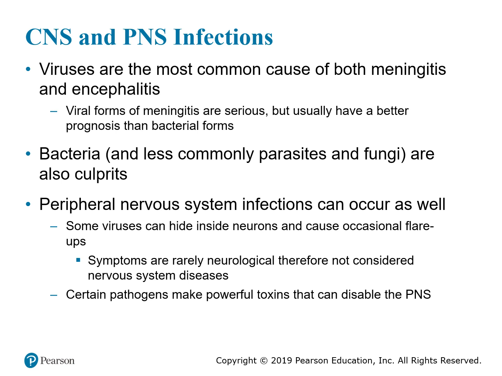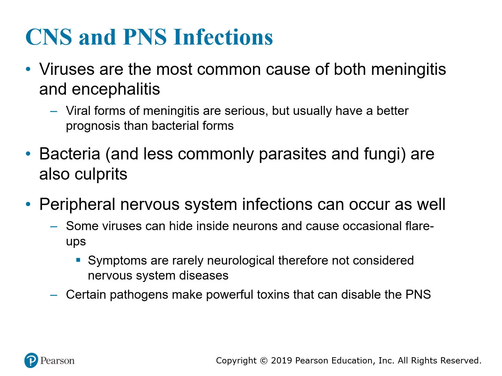With the peripheral nervous system infections, these aren't as common, but this is where the viruses will actually hide inside their neurons and cause flare-ups of the actual infection. And so symptoms are rarely neurological, and therefore they're not really considered nervous system type infections.